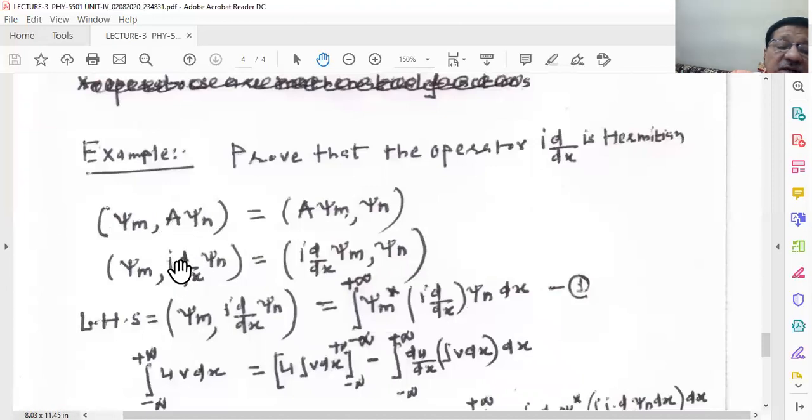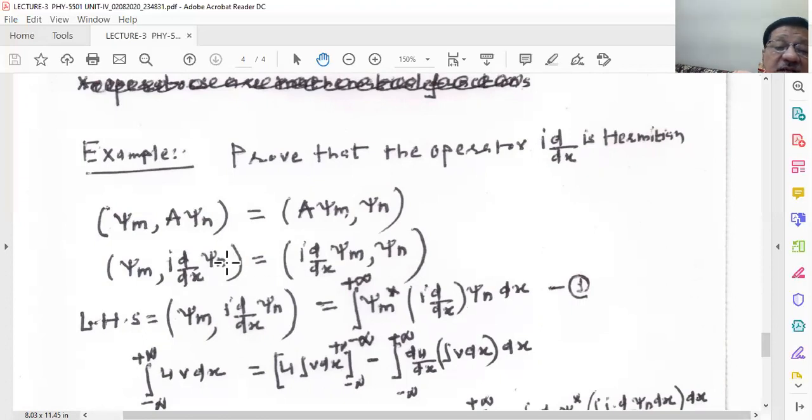We want to prove that this is a Hermitian operator. So I write down psi m, and A is replaced by the operator which we would like to test: i d by dx psi n. If it is a Hermitian operator, then the left hand side should be equal to the scalar product of i d by dx psi m with psi n. You should get this.